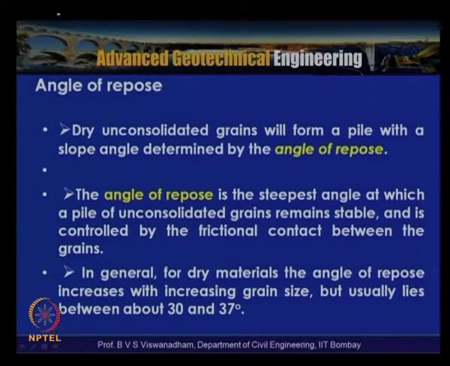The angle of repose is the steepest angle at which a heap or pile of unconsolidated grains remains stable, and it is controlled by the frictional contact between the grains. In general, for dry materials, the angle of repose increases with increasing grain size, but usually lies between about 30 to 37 degrees.